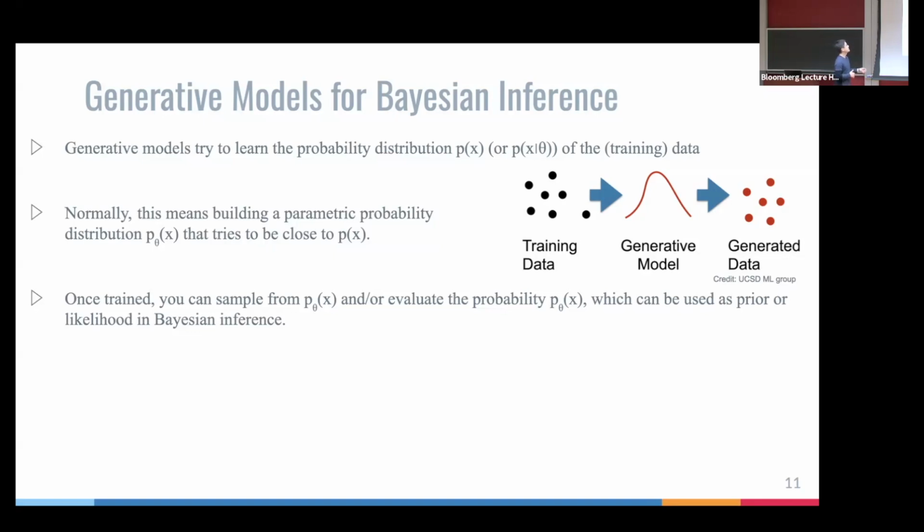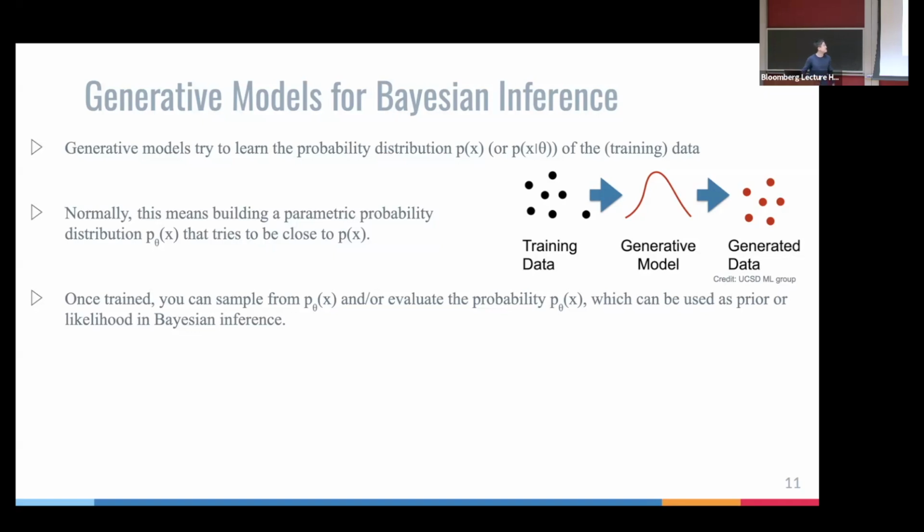Normally this is done by building a parameterized distribution, p_theta(x), where theta are your parameters, and you optimize theta to make this distribution as close to the true distribution as possible. Imagine the simplest case, a Gaussian probability distribution: theta is just the mean and covariance, and you fit the mean and covariance to your data. That's the simple case. But the generative model allows you to go to more non-Gaussian and higher-dimensional cases.